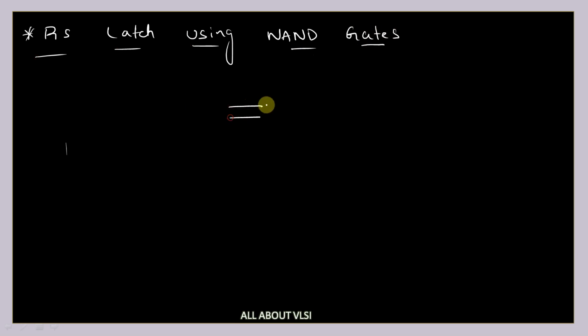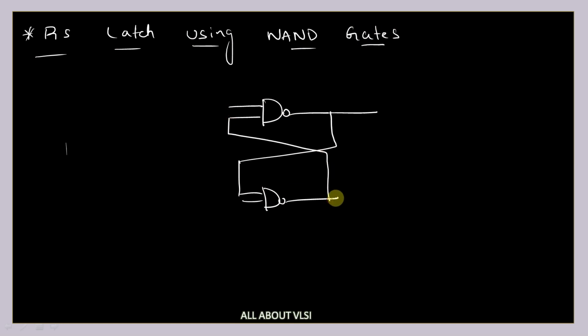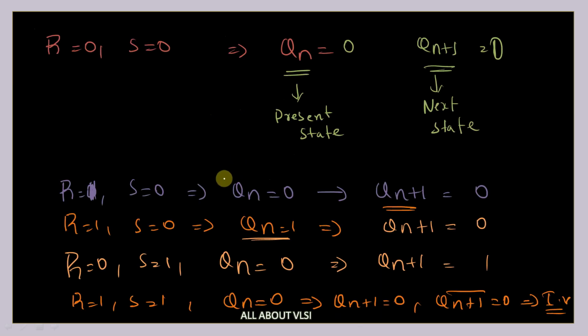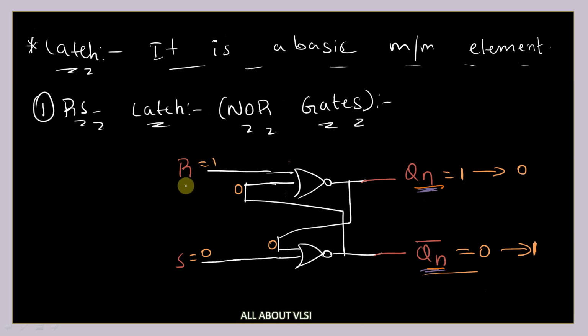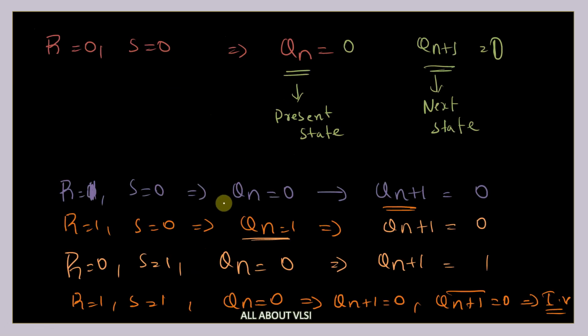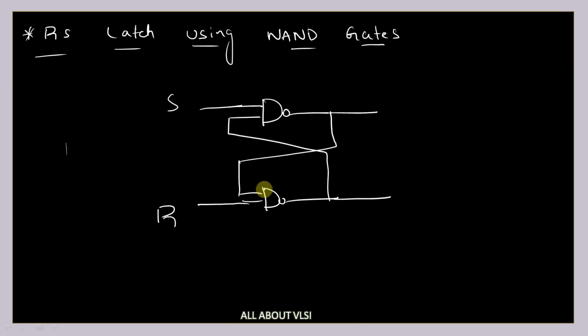This is our NAND gate, and this is one more NAND gate, and the input for this is given from this output, and the input for this is given from this output. This is our S and this is our R. For the RS latch using NOR gates you give R here and S here, and for the RS latch using NAND gates you give S here and R here, so you should be careful. And this is Qn and Qn bar.